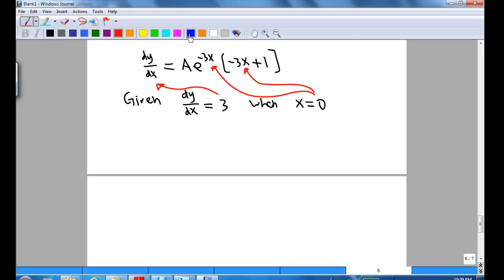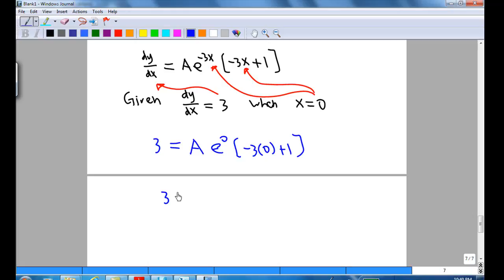You get 3 equal to a times e^0 times (-3 times 0 + 1). That means 3 is equal to a times 1 times (-3 times 0 is 0, then plus 1 again is 1). So that means that a is equal to 3.